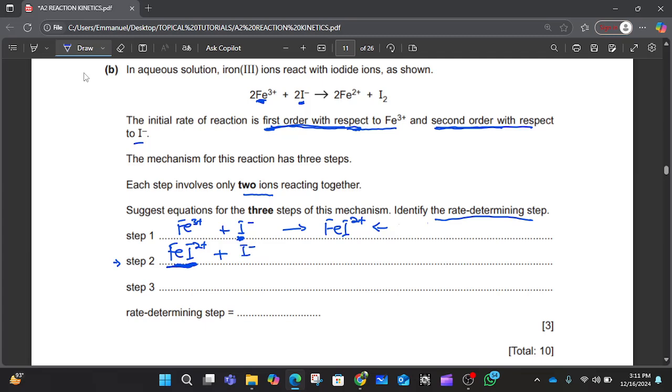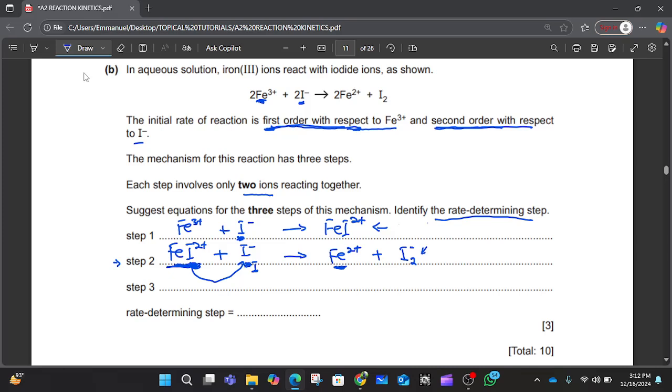And if you do this, we get Fe2+ and I2-, because we have added another iodine. You can see that the 2 plus from here was maintained on the Fe, and then the iodine is going away to add onto this. So this will just be I2, but with a negative charge on this because the negative charge was already on this.